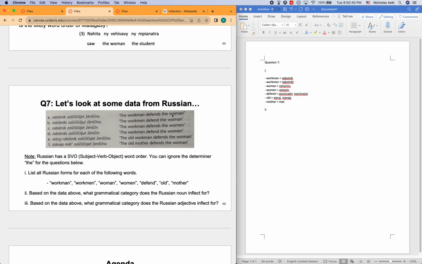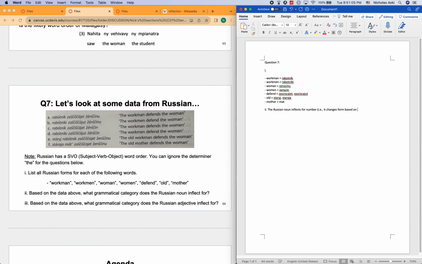Similarly, to go from the singular woman to the plural women, we're again doing some kind of morphology. We're removing this suffix u to get from singular to plural. So basically for number 2, you would say that the Russian noun inflects for number. In other words, it changes form based on whether the noun is singular or plural.